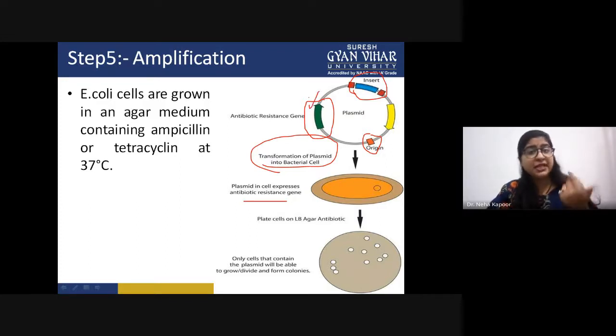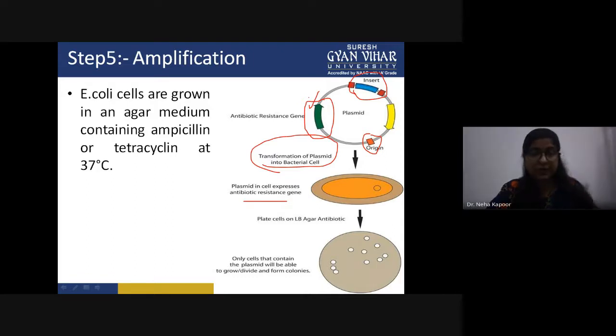That means for the selection of this recombinant vector, we can use the antibiotic as selectable marker, to select which recombinant vector is transformed. So only those cells that contain that insert would be able to grow.